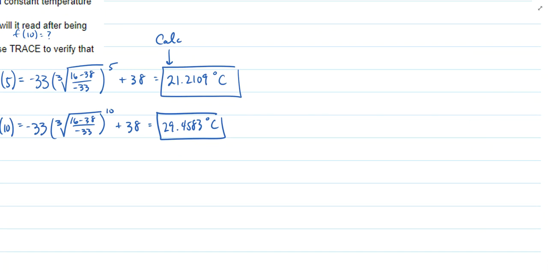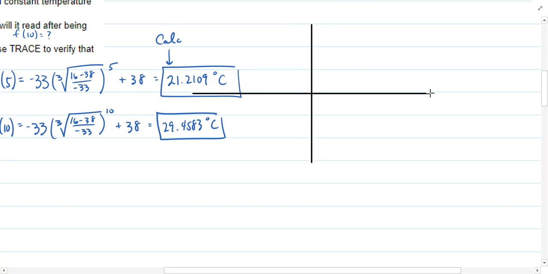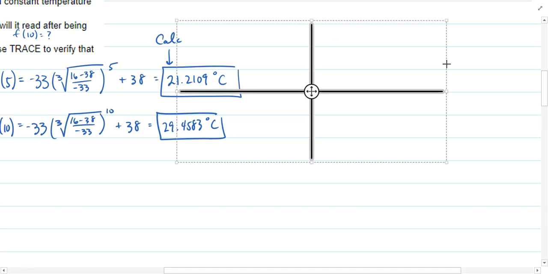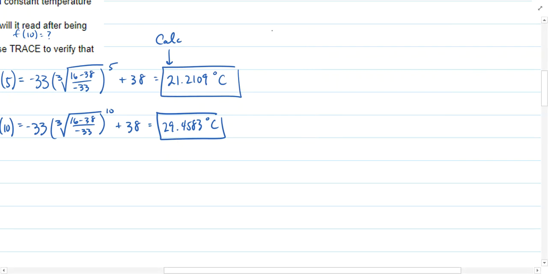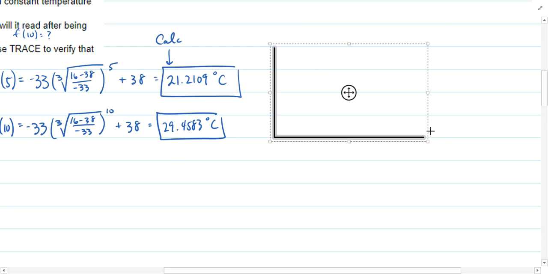Now, if we're thinking about a graph here, let's just make a quick sketch. Actually, I think these axes are going to work better. So we have a horizontal axis, that's time, that was our x variable. And then f of x, our y-axis, was temperature.